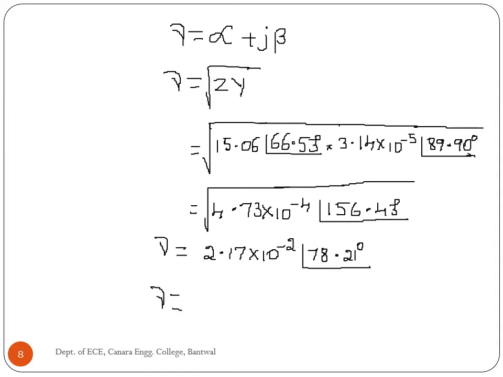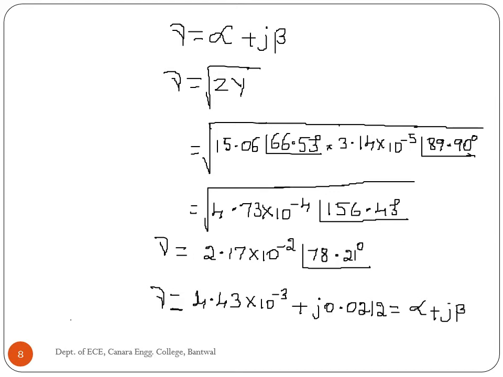Propagation constant in rectangular form is 4.43 into 10 to the power minus 3 plus j 0.0212, which is in the form alpha plus j beta.